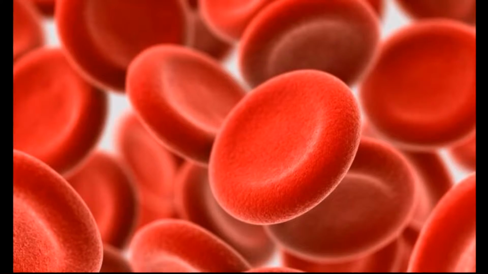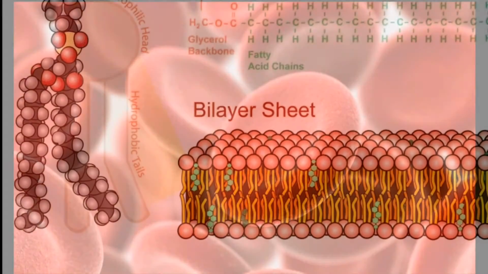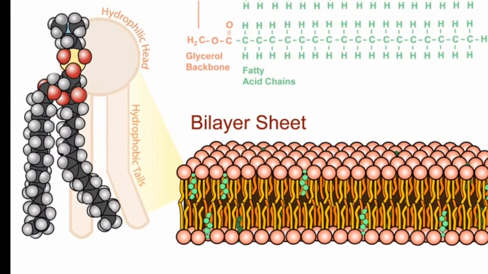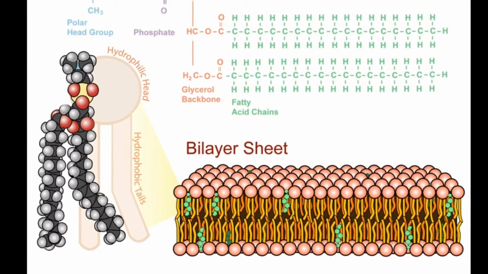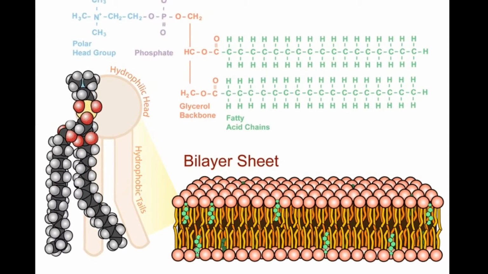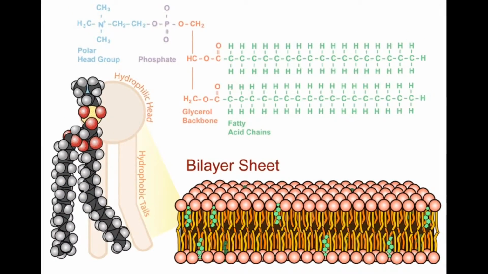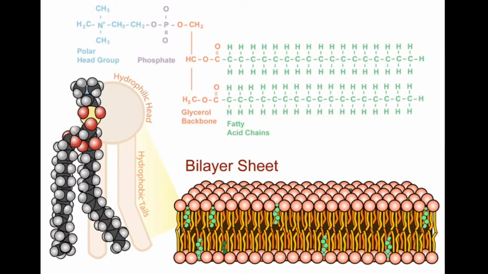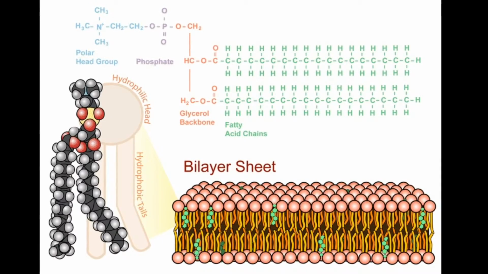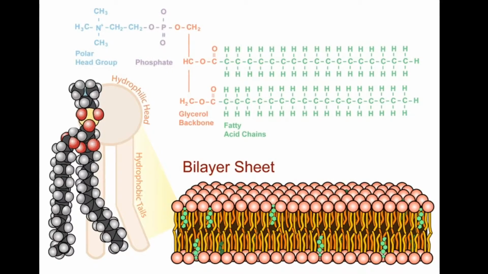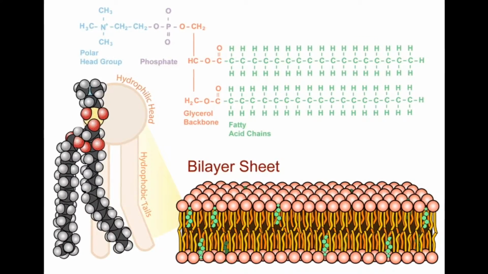Now that we have an idea of tonicity and osmosis, we can dive into how stuff flows across the plasma membrane. Since we mentioned the plasma membrane is semi-permeable, the plasma membrane consists of phospholipids. Phospholipids are made of a polar head attached to two nonpolar tails. The polar portion is hydrophilic, which means it likes being in water, while the nonpolar portion is hydrophobic, which means it does not like being in water.